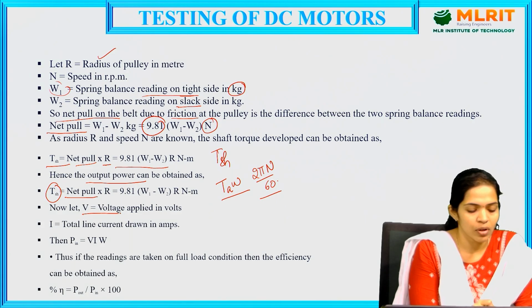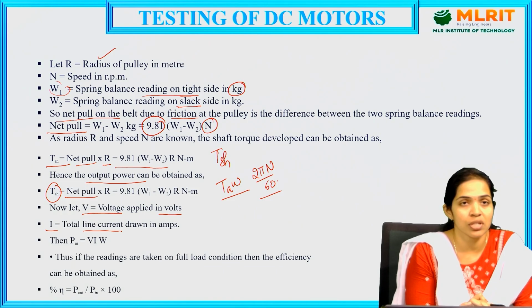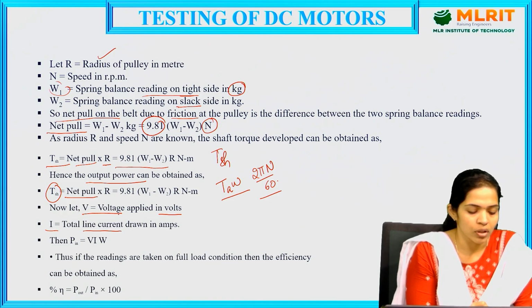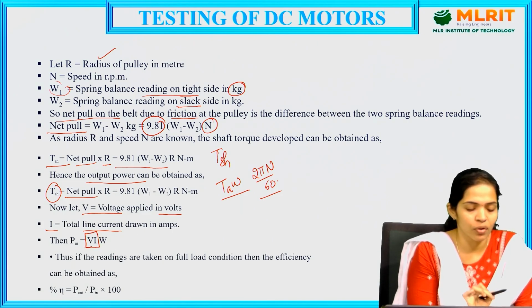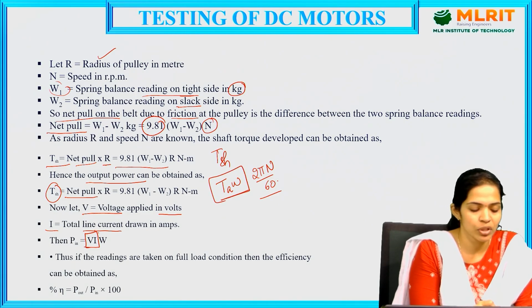For the electrical input, V is the applied voltage in volts, and I is the total line current supplied by the source, which is drawn by the armature in the motor. From this we can calculate the input power of the motor. So we have the output mechanical power and the input electrical power.